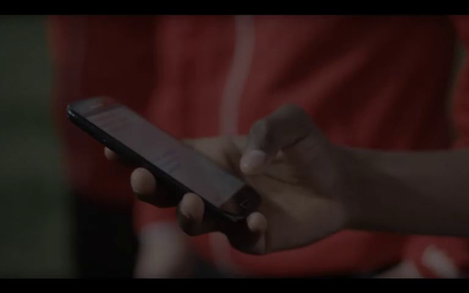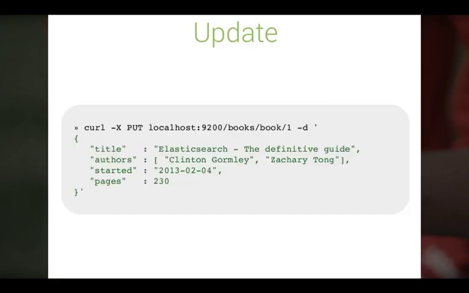So let's see how we can update this one. For update, you can see we have another PUT query in which we just define the books index slash book type slash 1. 1 is the ID of the document which we inserted just now.